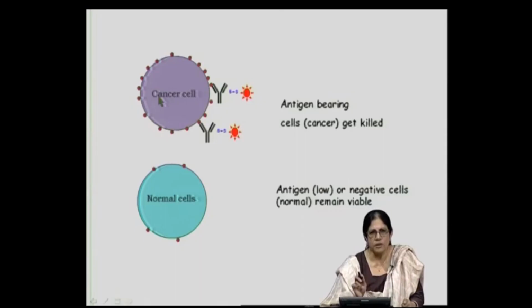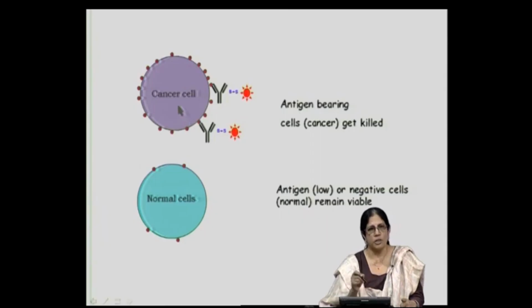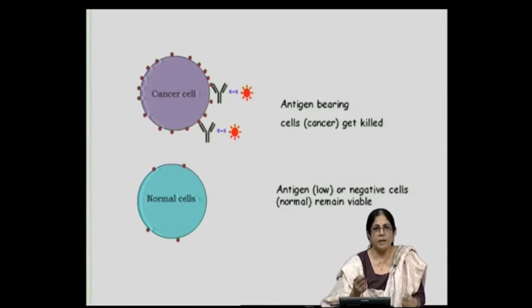So, what is important here? For the generation of immunotoxin, such an antibody has to be used which has been shown at first, after binding to its antigen, to undergo an internalization process, which is in fact an energy dependent phenomenon. It is only when this whole molecule gets internalized will the toxin be able to do its job.